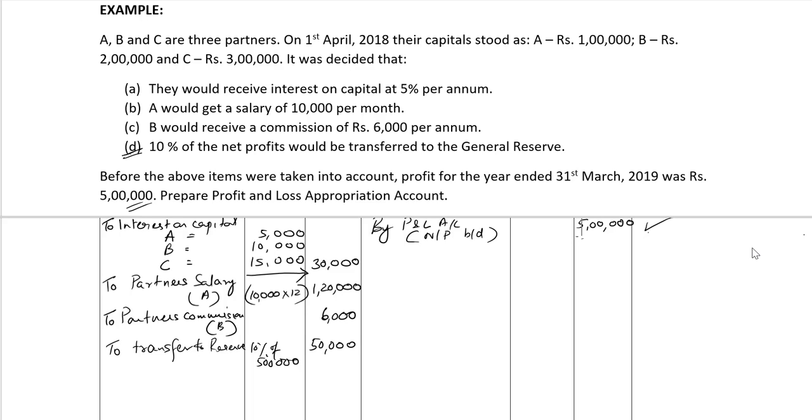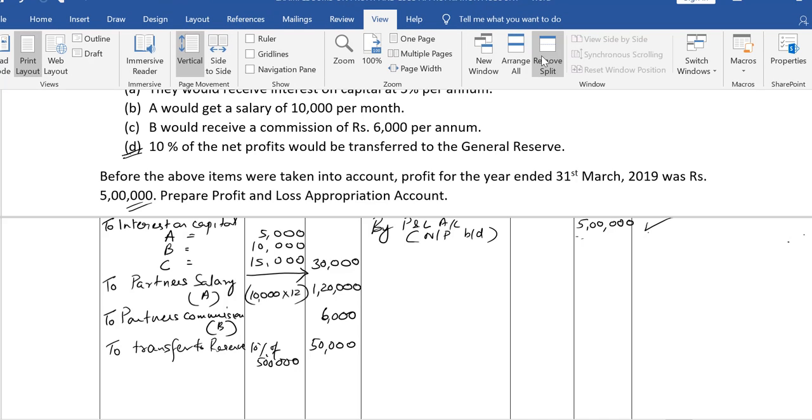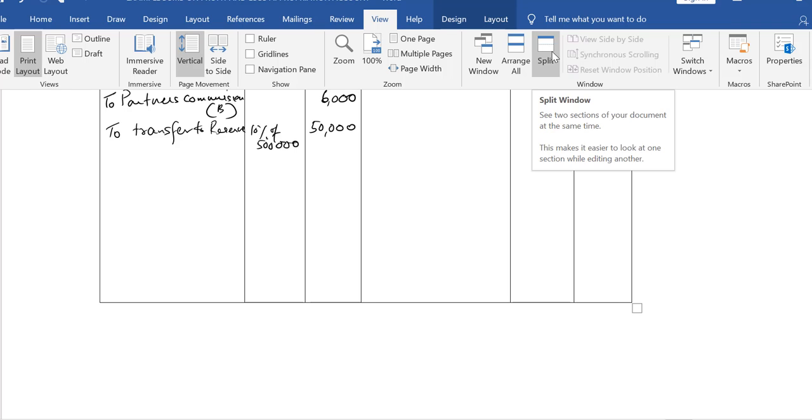Before we go further, the profit sharing ratio is not given in the sum. It just says A and B and C are three partners. So we'll have to share the profits equally among the three of them. I'll remove the split and we can balance the account.